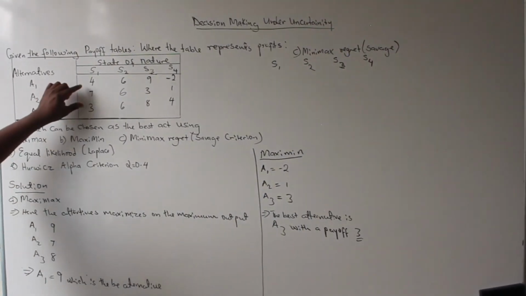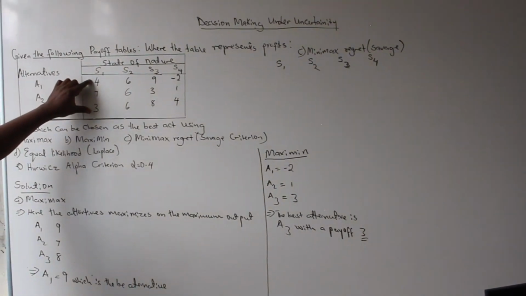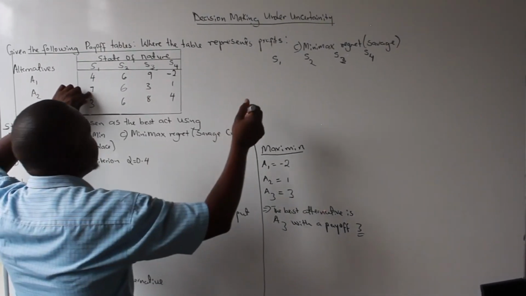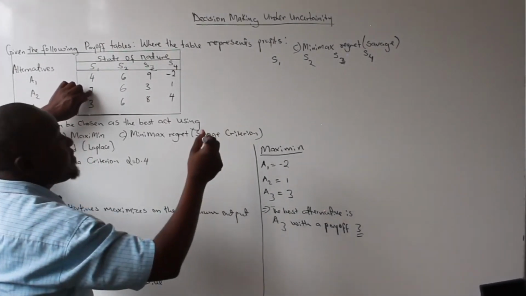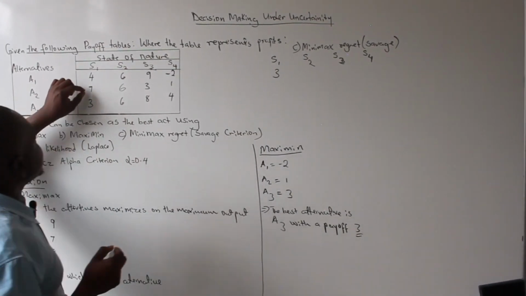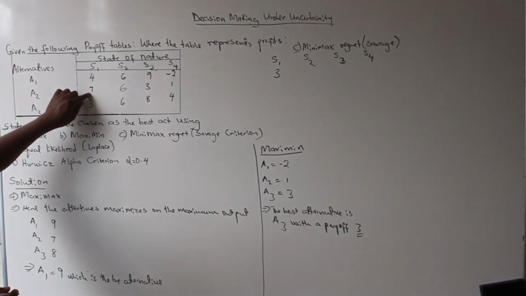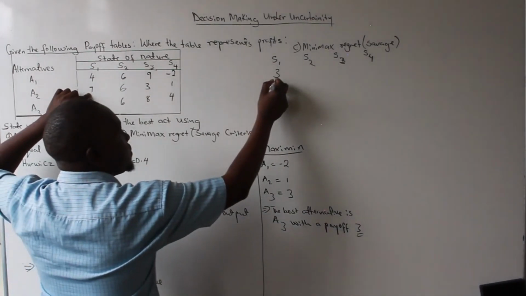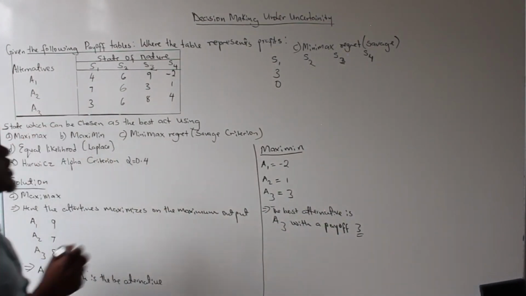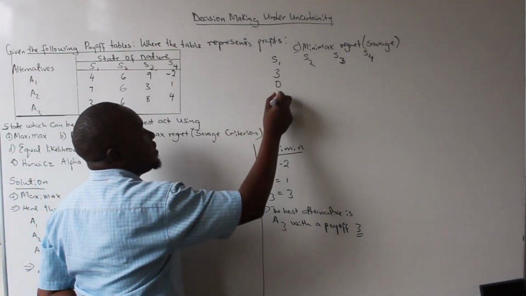Here the maximum is 7 under S1. So 7 minus 4, you get 3. Then 7 minus 7 itself, you get 0. Then 7 minus 3, again you get 4.